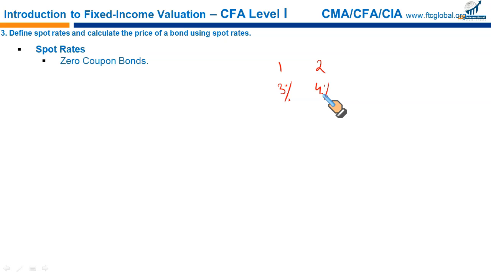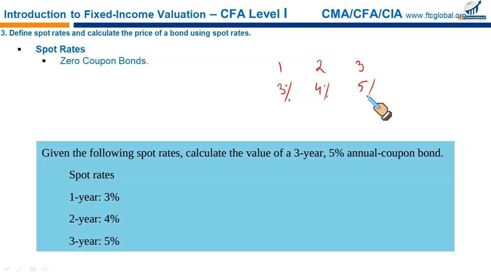And another zero coupon bond maturing in 3 years has a discount rate of 5%. So the discount rates for zero coupon bonds are spot rates, and we sometimes refer to spot rates as zero coupon rates or simply zero rates. Now let us try to apply this idea.